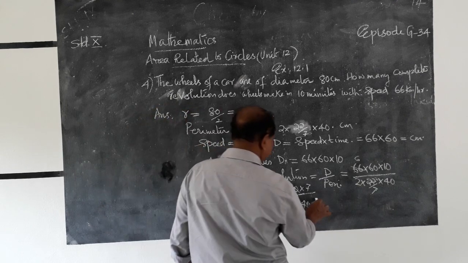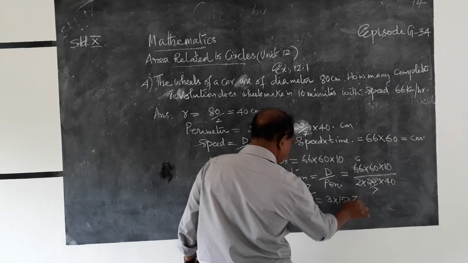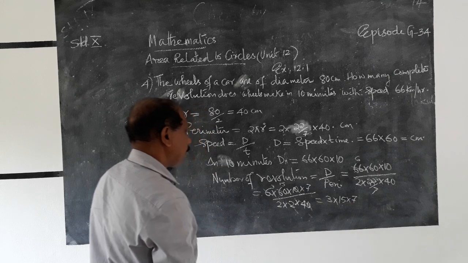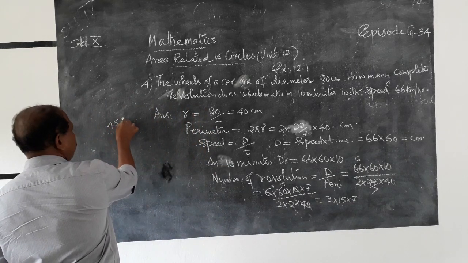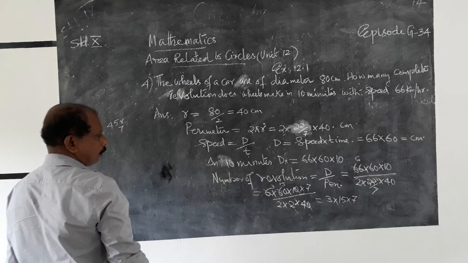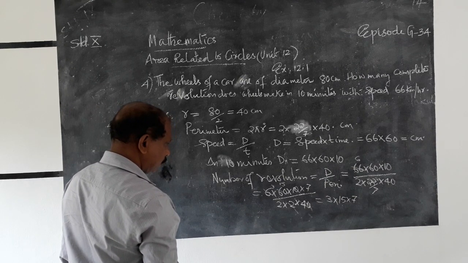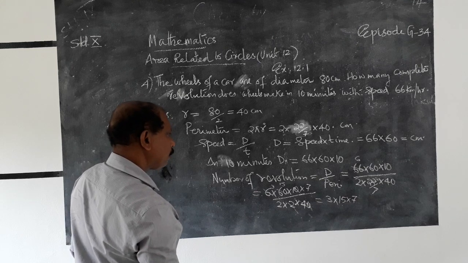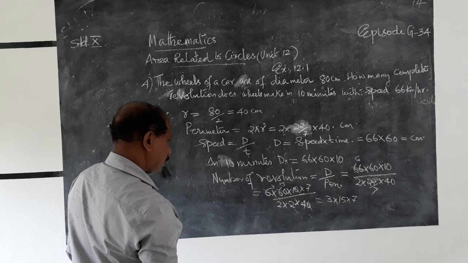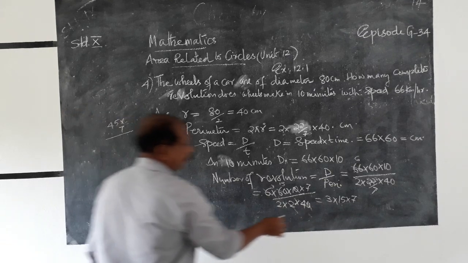That is equal to 3 into 15 into 7, that is 45 into 7 by 2.